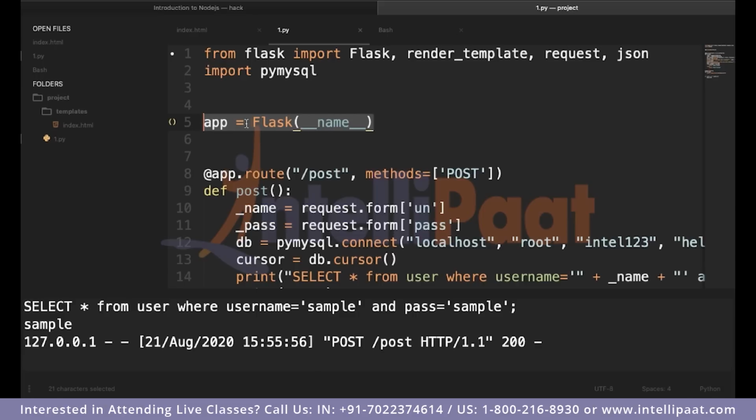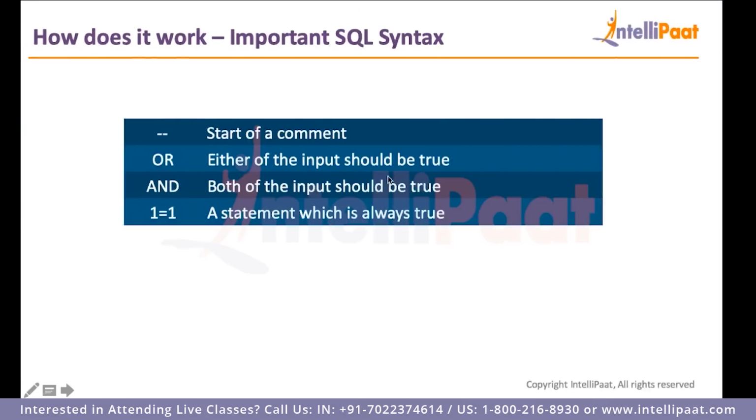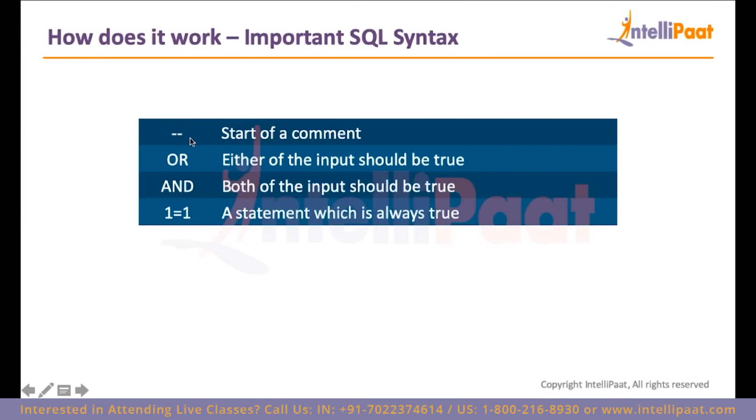So I can simply add a hash in front of it, and now you can see this code has become gray, which means when I run this code, this line will be ignored. So in SQL, if you want to add a comment, the command for that is hyphen hyphen. Wherever you write hyphen hyphen, all the commands after it will be ignored.